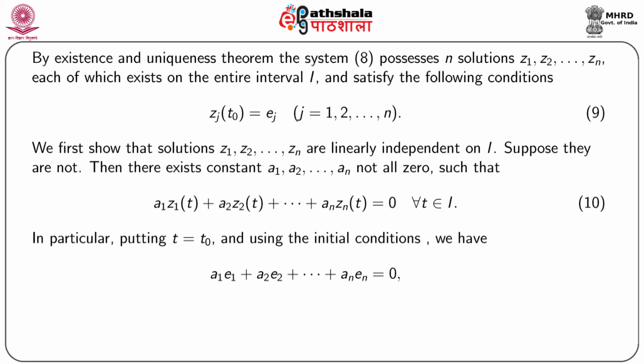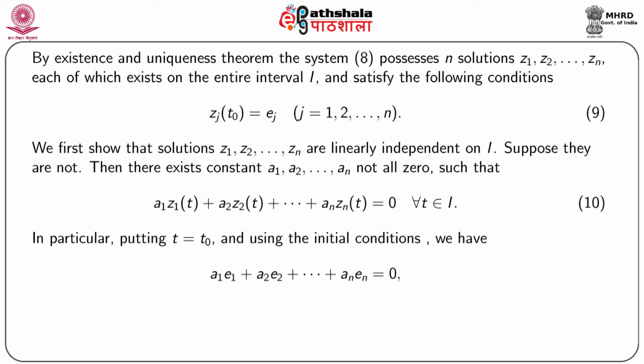Then by the existence and uniqueness theorem, the system 8 possesses n solutions, namely z1, z2, ..., zn, each of which exists on the entire interval I, and each solution satisfies the initial condition zj(t0) equal to ej, where j equal to 1, 2, ..., n, given by equation 9.